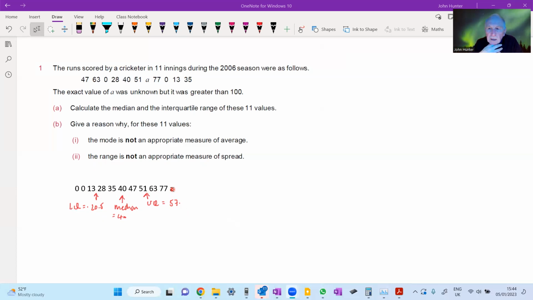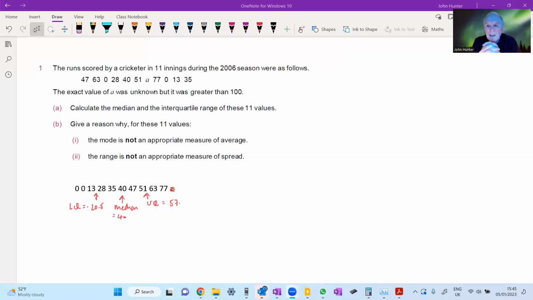But the other thing is that we tend not to be too interested in the entire range of a set of numbers, because the numbers outside the quartiles are often not really representative of the data. There are certain reasons why they might be very low or very high. Sometimes we call these outliers. You'll have heard that term, I reckon.